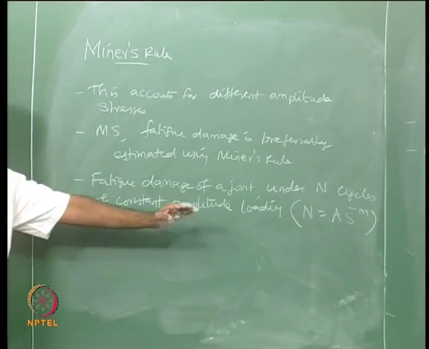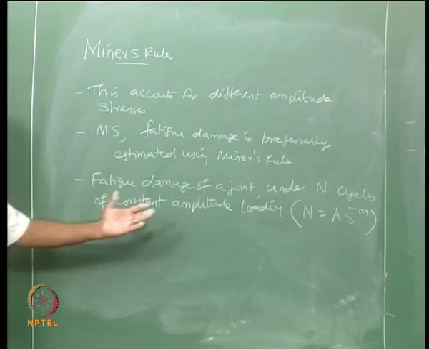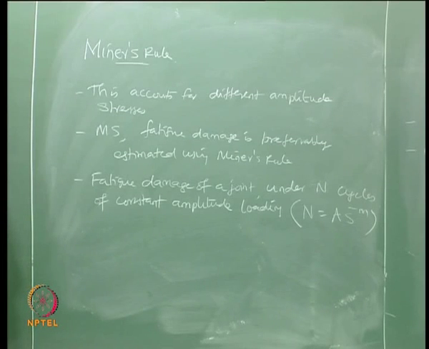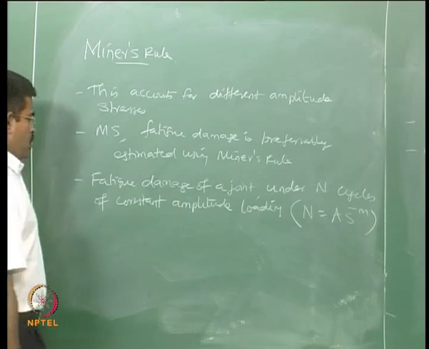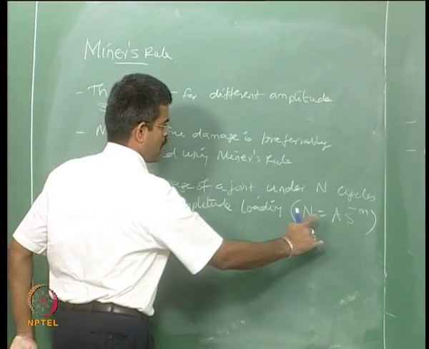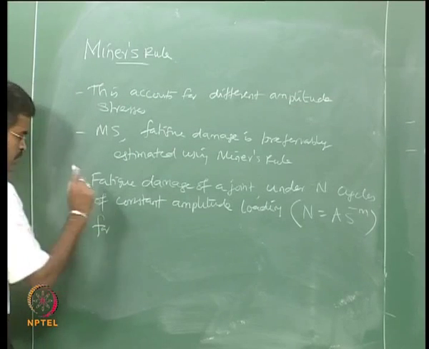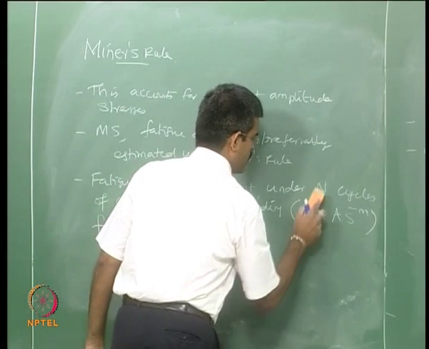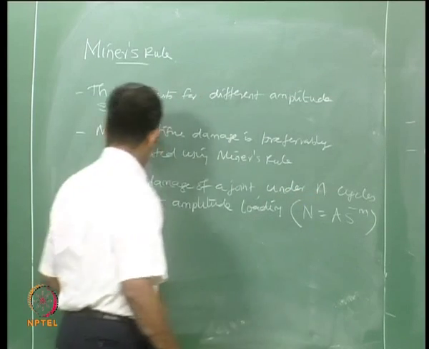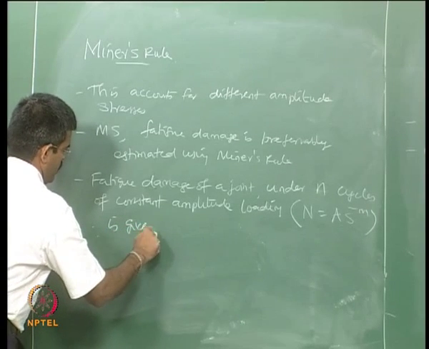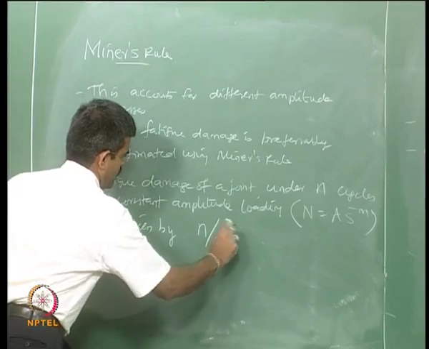We already know the SN curve estimate based on this equation, where -1/m is the slope of the curve. So, the fatigue damage of a joint under n cycles of constant amplitude loading, let us put it as small n here, is given by simply n by N.